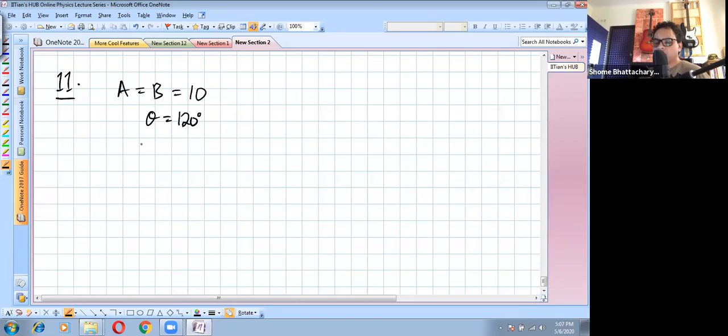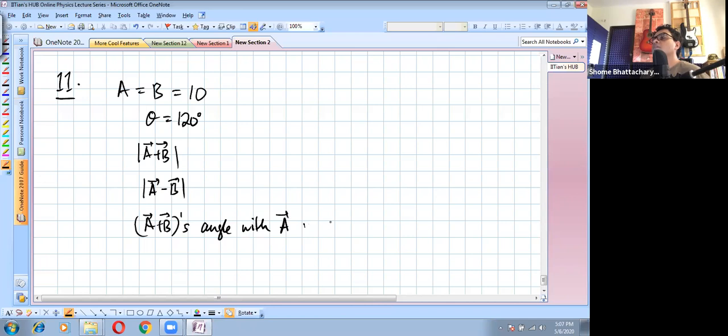You have to find the magnitude of A plus B, the magnitude of A minus B, and the angle that A plus B makes with respect to A. That is nothing but alpha in our original diagram. Similarly, the angle of A minus B with respect to A is nothing but beta. So just apply the formula.